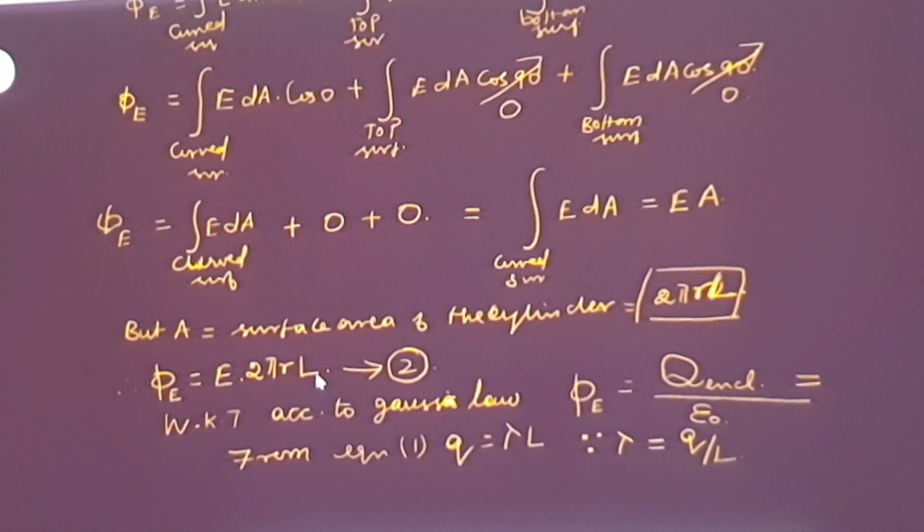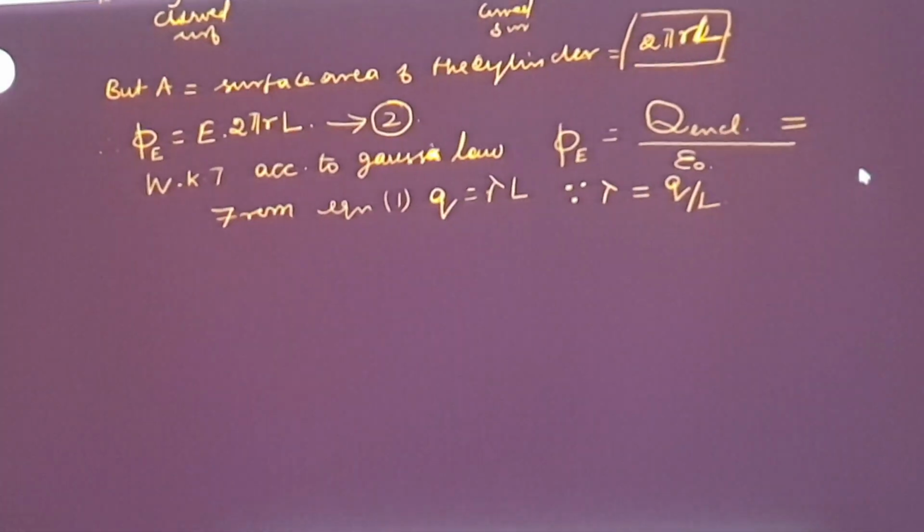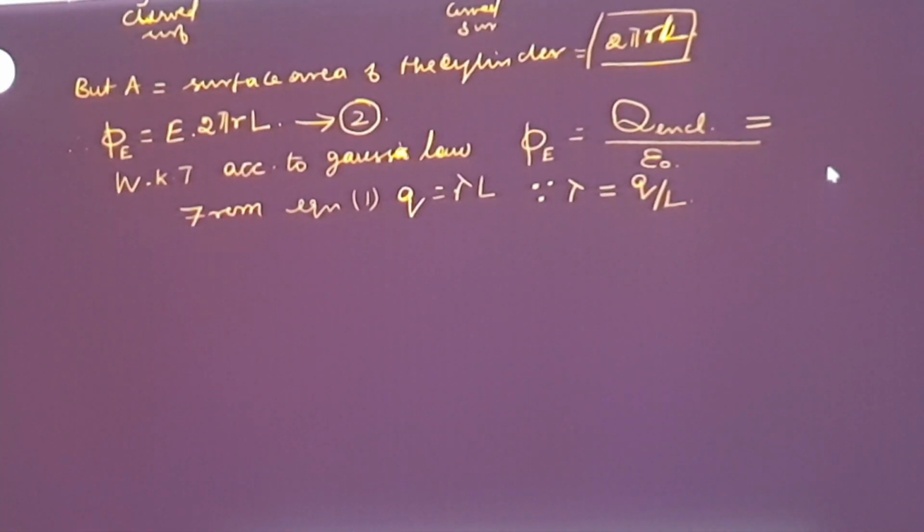So for this length L, the amount of charge enclosed inside the Gaussian surface is Q, and that value of Q is equal to linear charge density multiplied with L. That is, charge per unit length multiplied with the length of the conductor will give you the total charge available.